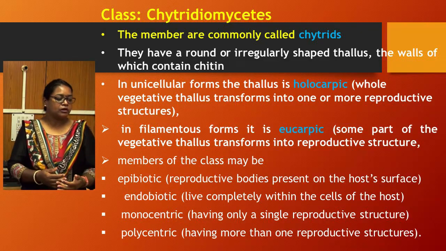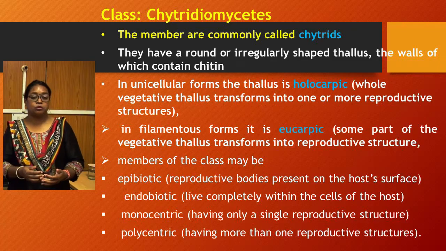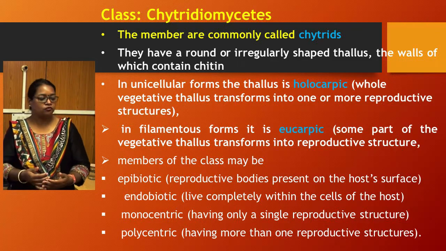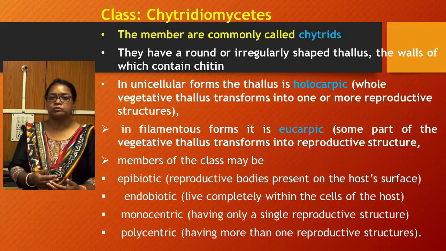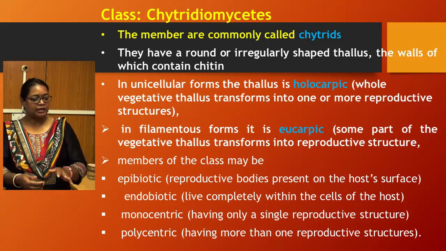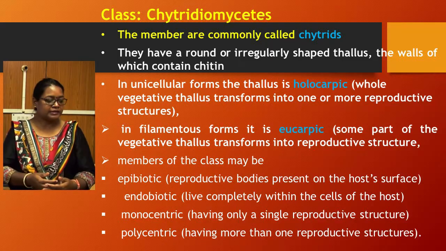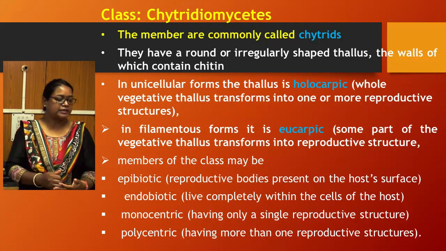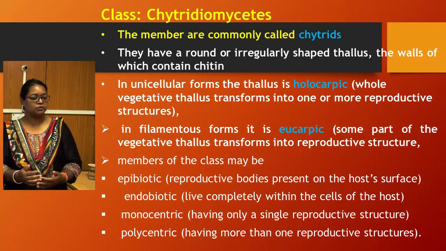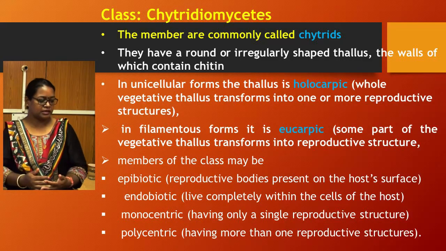They have long or irregular shaped thallus, the wall of which is made up of chitin. Their cellular form of thallus is holocarpic. Holocarpic means whole vegetative thallus transformed into one or more reproductive structures. In filamentous form their thallus may be eucarpic, means some part of vegetative thallus transformed into reproductive structure.